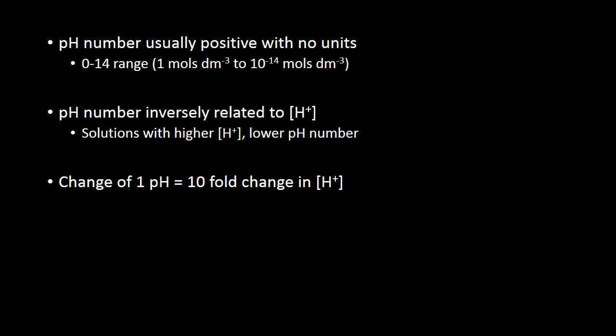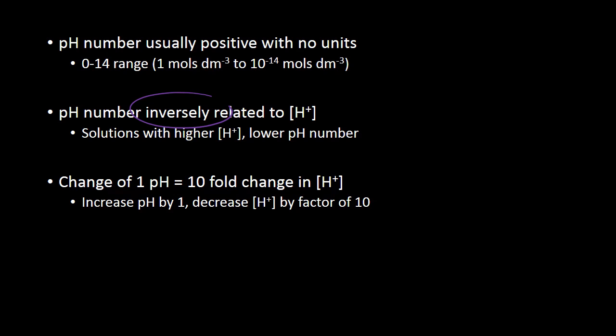Because it's based off log base 10, a change of one value of pH, going from 1 to 2, has a 10-fold change in the hydrogen ion concentration. Increase pH by 1, and you decrease the hydrogen ion concentration by a factor of 10, because they are inversely related. If you increase one, you have to decrease the other, and vice versa. Decrease pH by 1, and you increase the hydrogen ion concentration by a factor of 10.